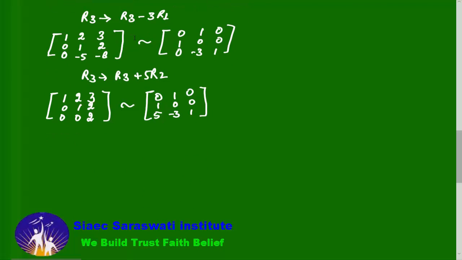we will apply. Now the target is this, that we have to make the 0 in R1 also. Okay, so we will apply the property in R1, so that will be R1 implies R1 minus 2 times of R2.